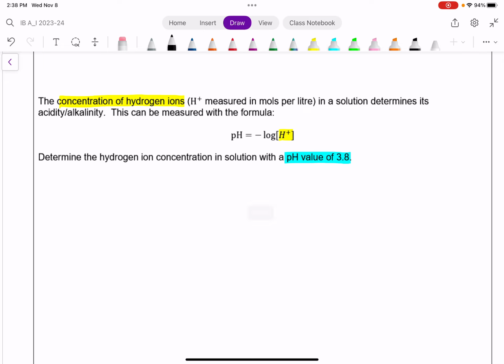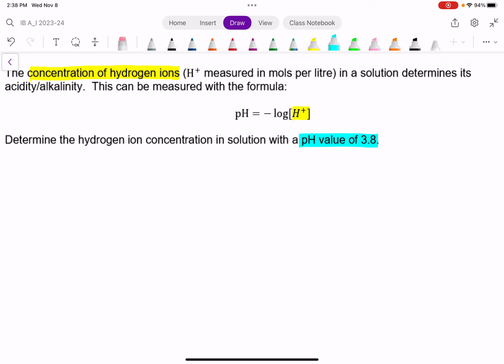And so that means I want to take this equation, and instead of pH, I know it's 3.8, which, if you may recall from previous science classes, means it is an acidic solution, but we don't need to think about that. So I want to solve for H+, the symbol for a hydrogen ion. How do I solve this?